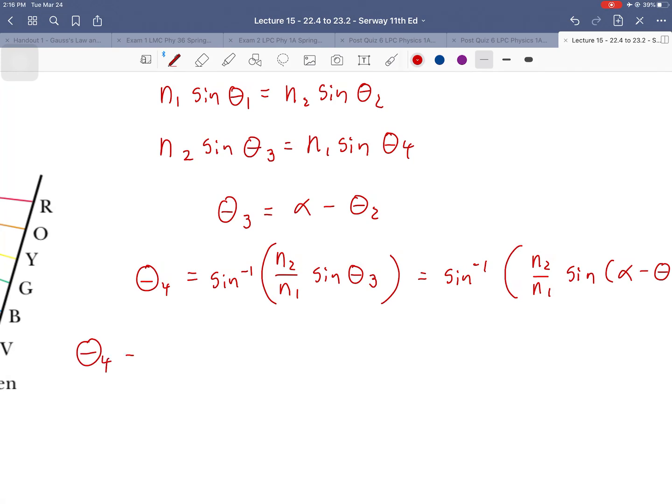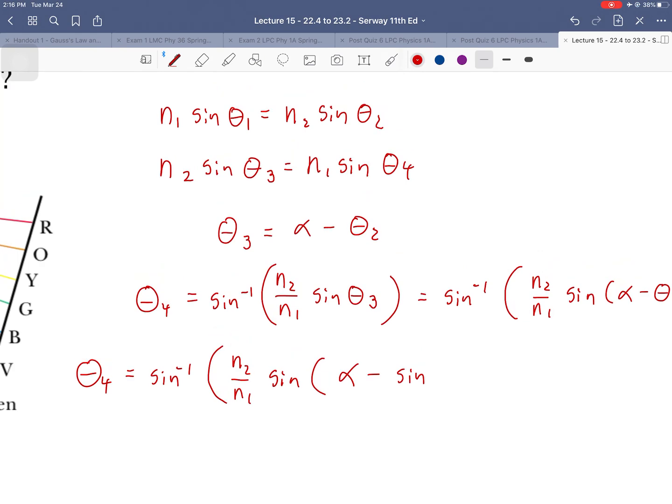So theta 4 is then going to be sine inverse and n2 over n1 sine of alpha minus, and then here just using Snell's law again, which would be this top equation here, I'm just going to write that theta 2 is sine inverse of, and then here I would have n1 over n2 times sine of theta 1.